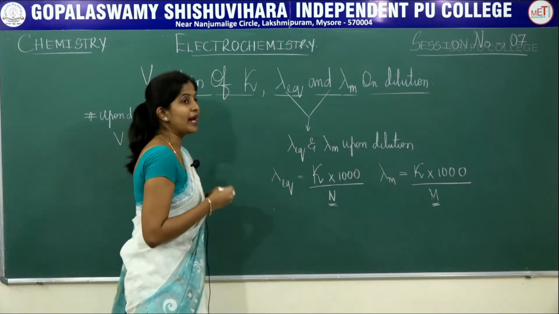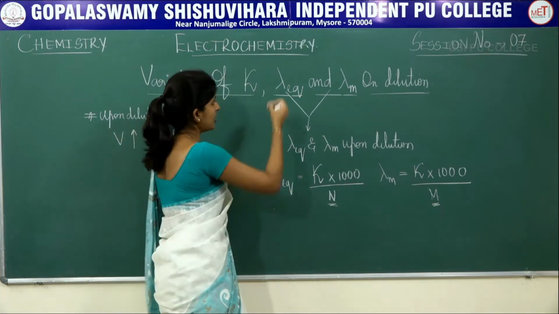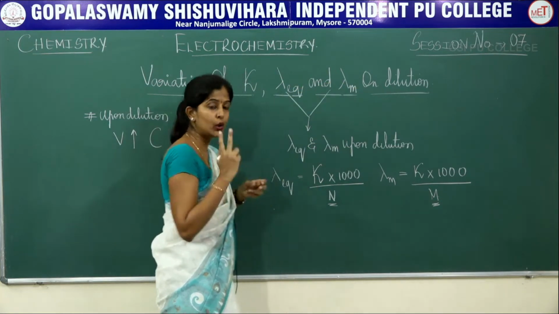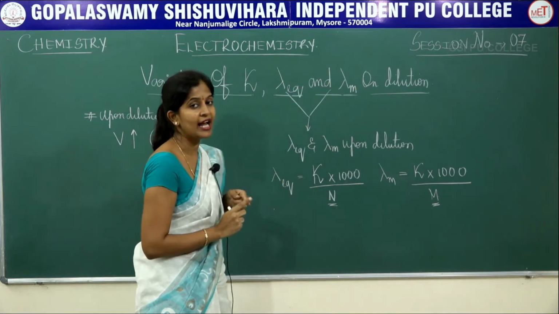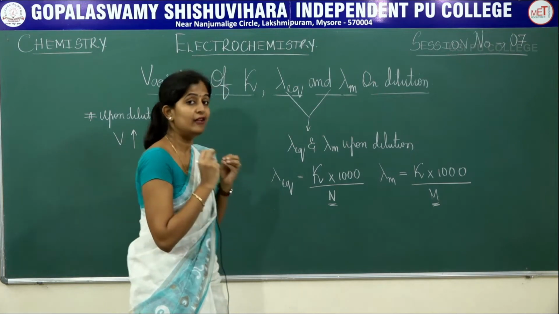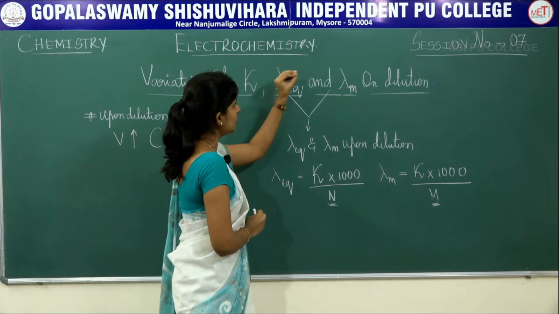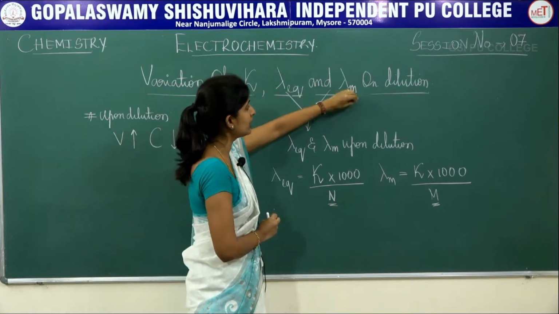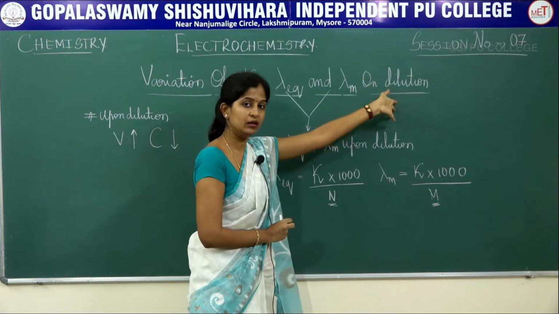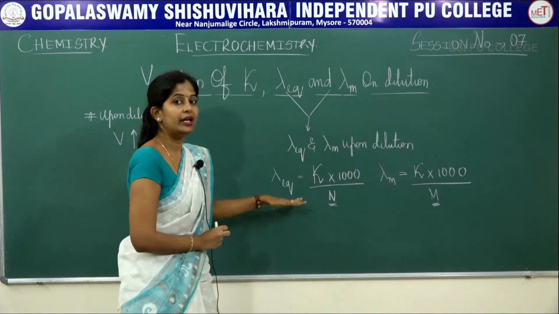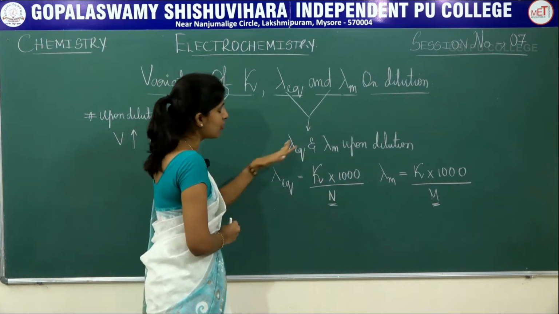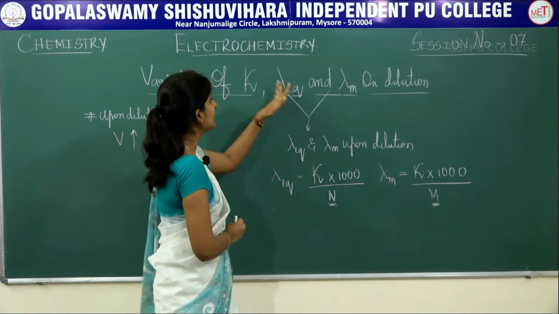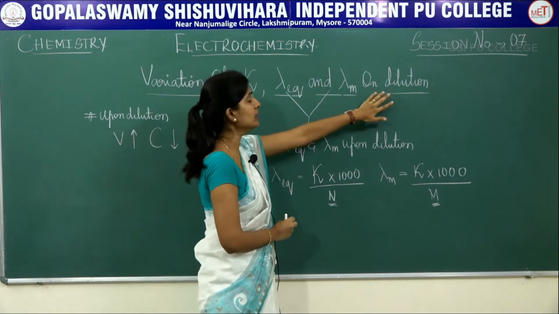Let us see the practical situation wherein we see why your lambda EQ and lambda m will increase upon dilution for two instances, a weak electrolyte as well as a strong electrolyte. So this is just a relationship wherein you are correlating your equivalent conductance and concentration, thereby telling that lambda EQ and lambda m increase upon dilution.